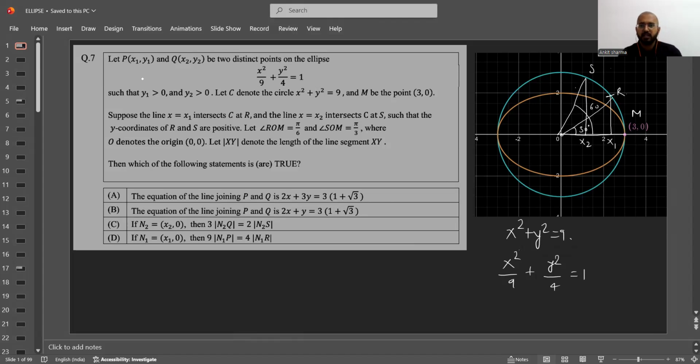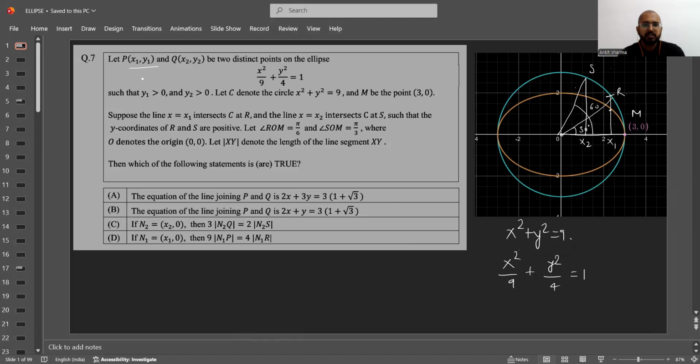So we want the equation of the line joining P and Q. What's the position of P here? P and Q are two distinct points on the ellipse. That means this is my point P and Q. So it could be any one of them. Did they mention anything? No, P and Q are two distinct points on the ellipse.